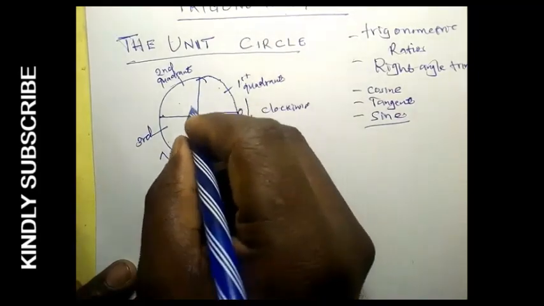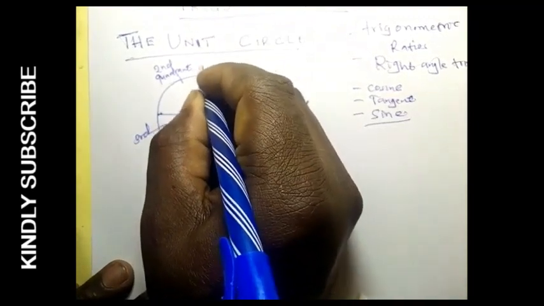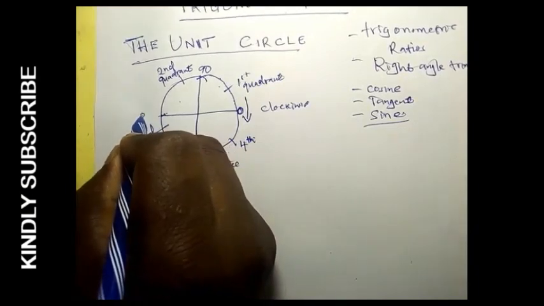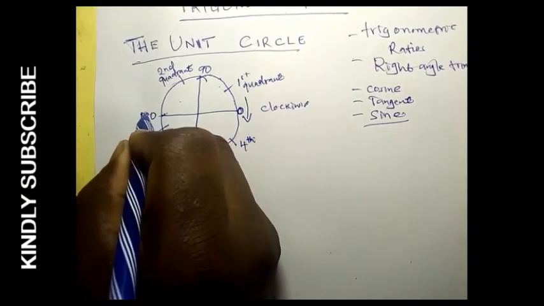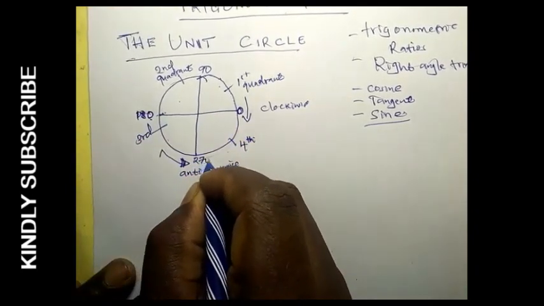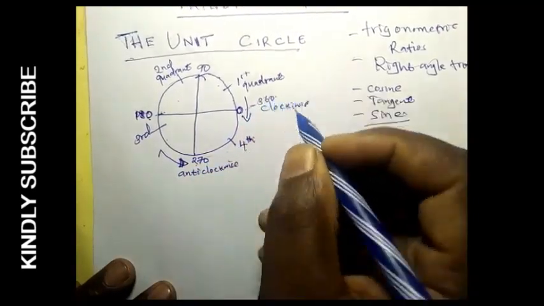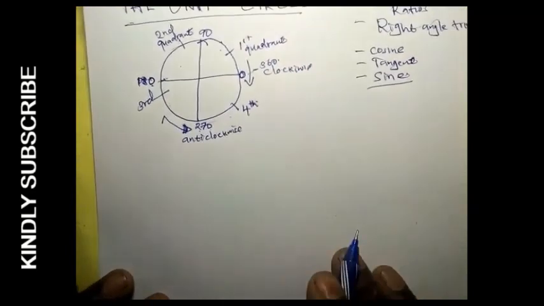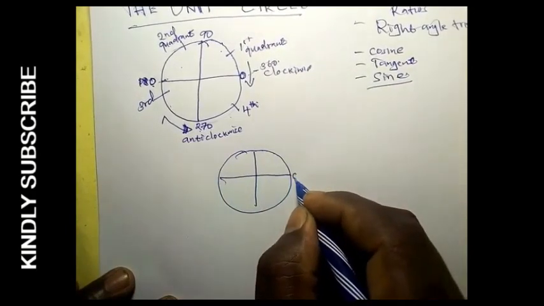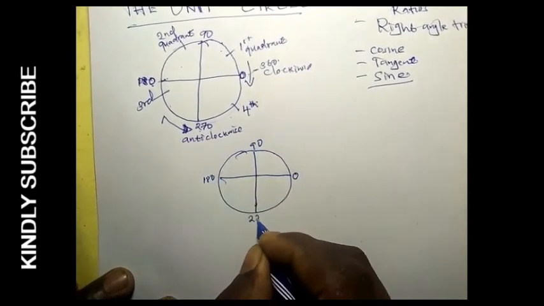Very good. So the unit circle, we start here at 0. At this point it is 90. At this point it is 180. At this point it starts 180 plus 90, that is 270. 270 plus 90, we again come to 360. Very important to note that a unit circle starts at 0, 90, 180, and then 270.